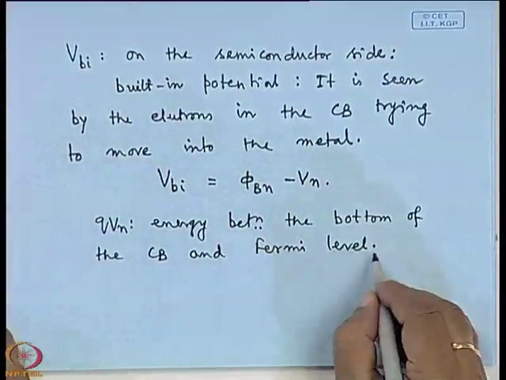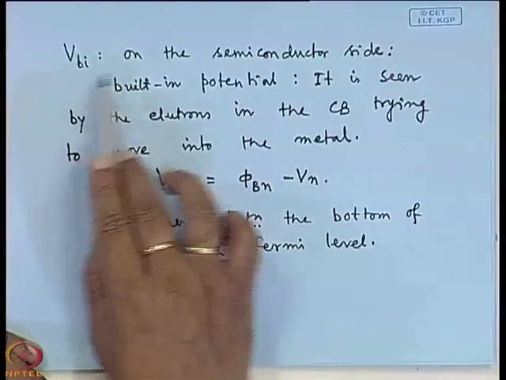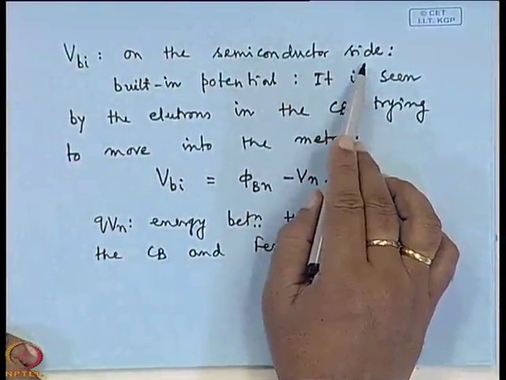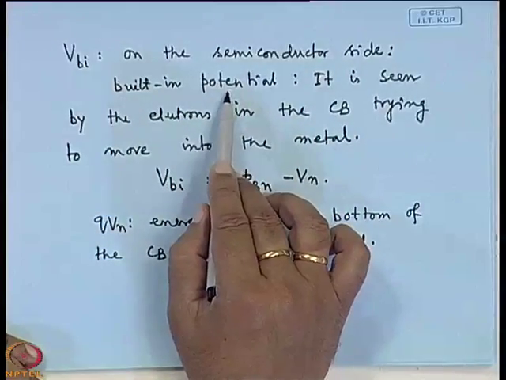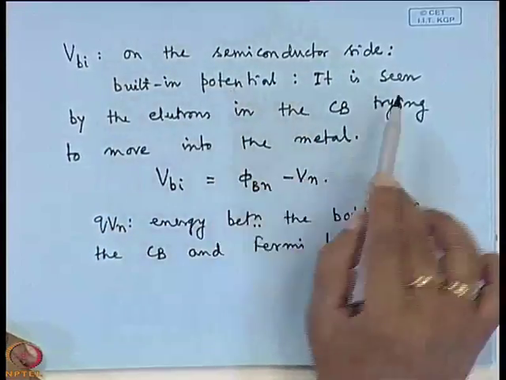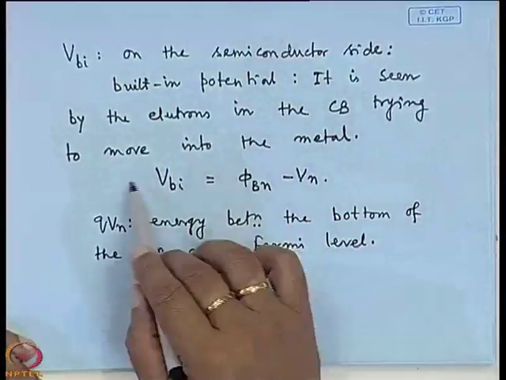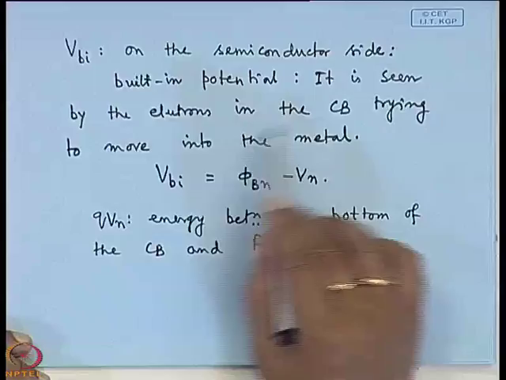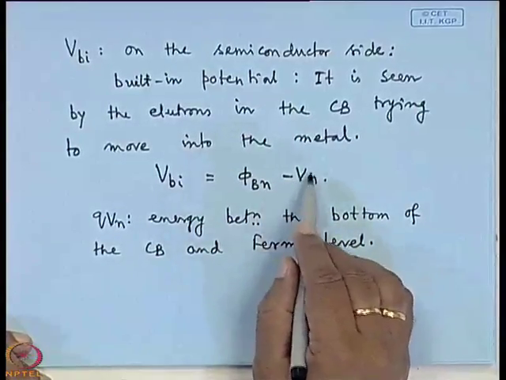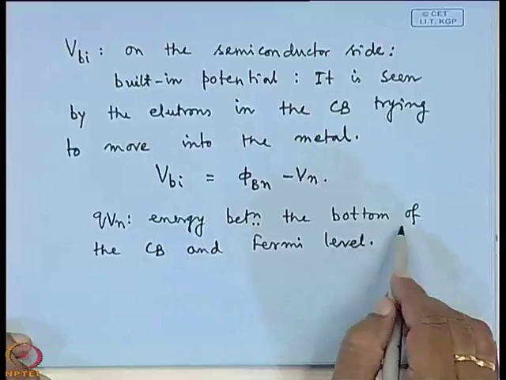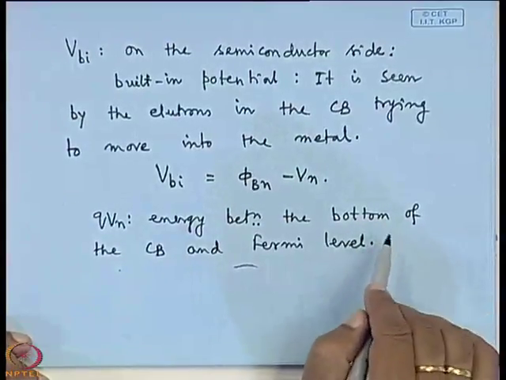Okay. So, you see that this V B I is on the semiconductor side, it is not on the metal side, and it is known as the built in potential. It is seen by the electrons in the conduction band trying to move into the metal, and its value is given by the barrier height minus V n, where V n is the energy between the bottom of the conduction band and the Fermi level.